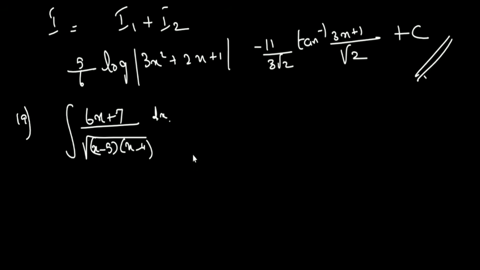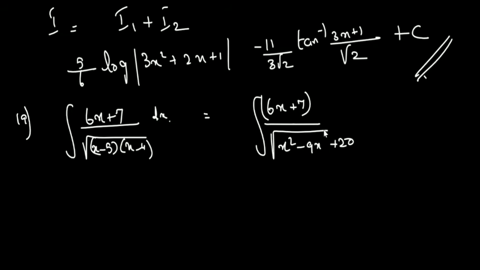So again the same method: you can write this as integral 6x plus 7 by root of, multiplying this, x square minus 9x plus 20. Once again check whether the differentiation is there or not. The differentiation of x square is 2x. You have 6x here, and in place of minus 9 you have 7.